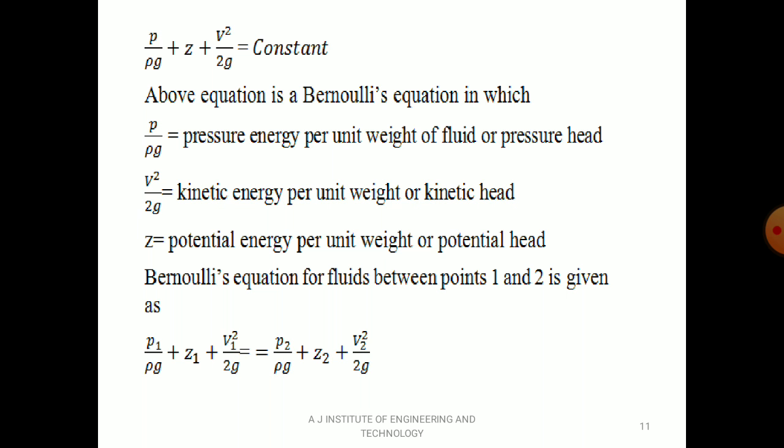This is the expression for the fluid flowing between points 1 and 2. 1 corresponds to section 1 or point 1, and 2 is for section 2. You are not going to get rho 1 and rho 2 here because the same fluid is flowing, so rho 1 equals rho 2. You need not write rho 1 and rho 2 here. So that is the expression.